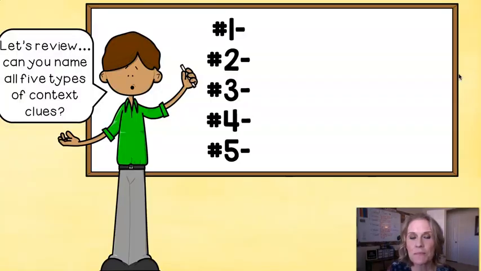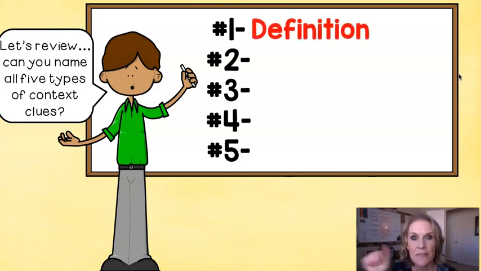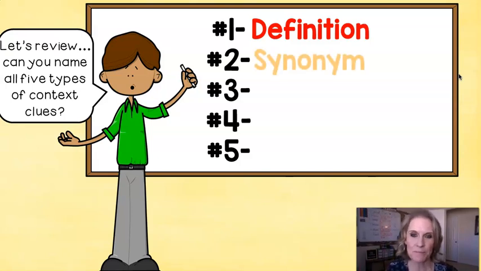Now let's review. Can you name all 5 types of the context clues? If you can't, or if you're missing any, make sure to go back and write them down. Number 1, definition. Number 2, synonym, means the same.